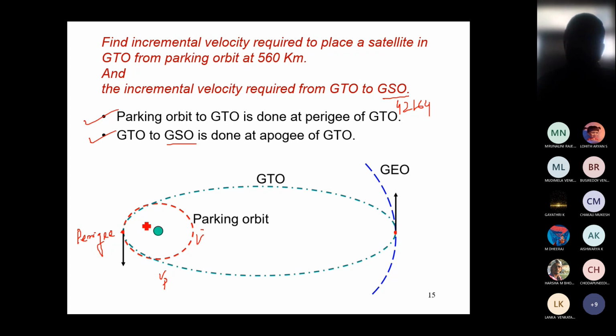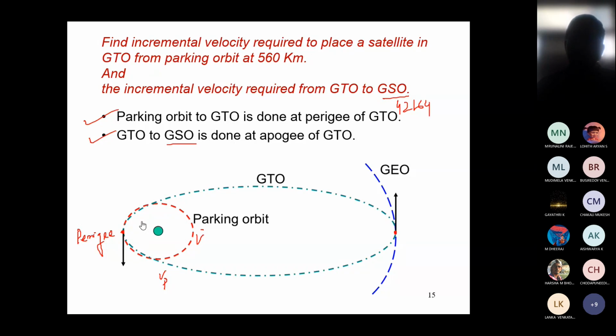That thing might have come into your mind, but the answer is not exactly like that, because if you think in that way, then there will not be a change of orbit. If the velocity of the satellite remains the same, then there will not be any change of orbit. So orbital change happens when the velocity change happens.